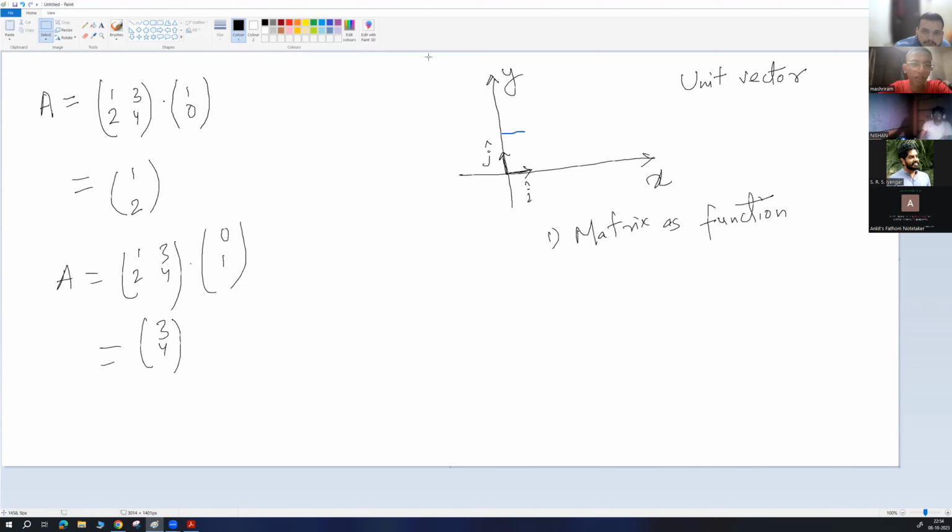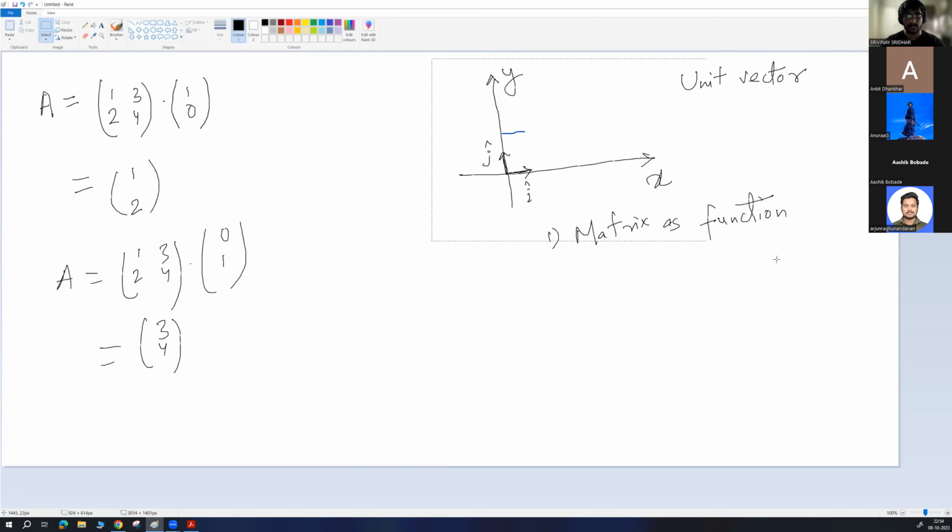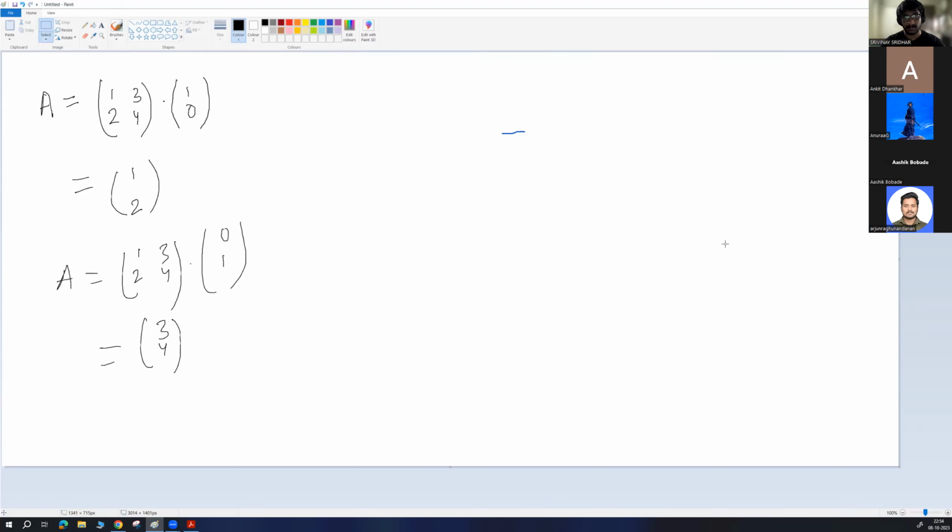Nishan, can you highlight that with some blocks? Maybe it will be even more clear. We can clearly see that the 1, 2 in the first column is what comes out the first time, and the 3, 4 in the second column is coming as the answer. So we have two vectors in our matrix.